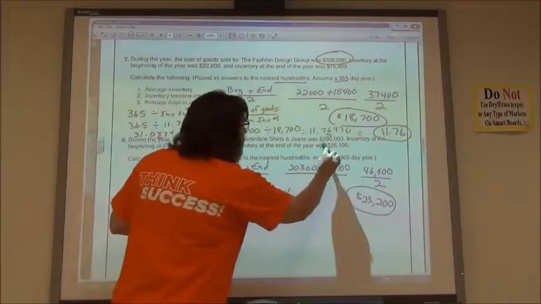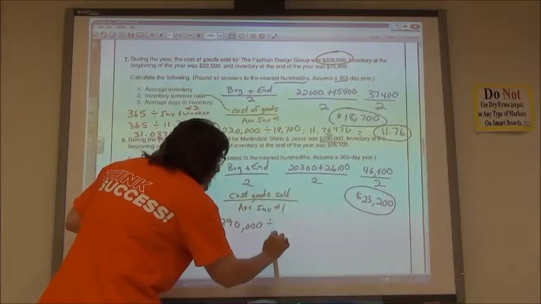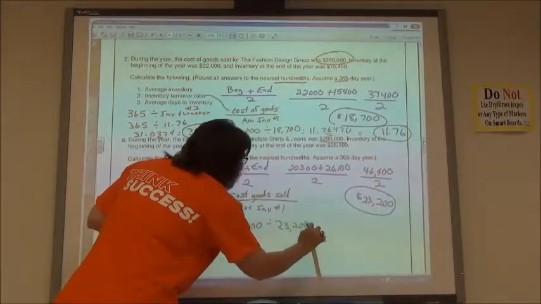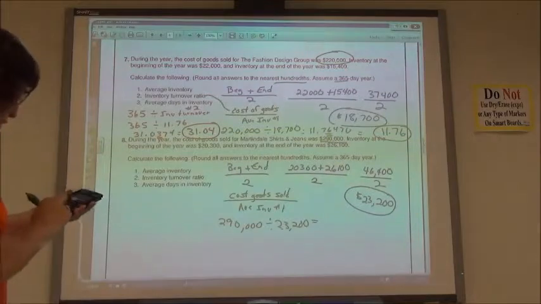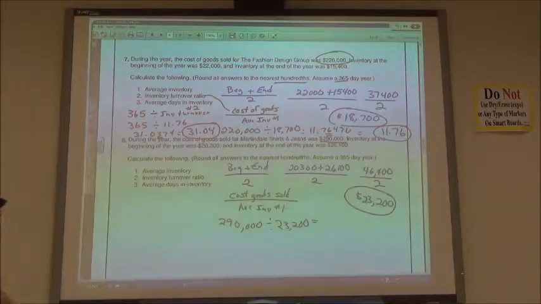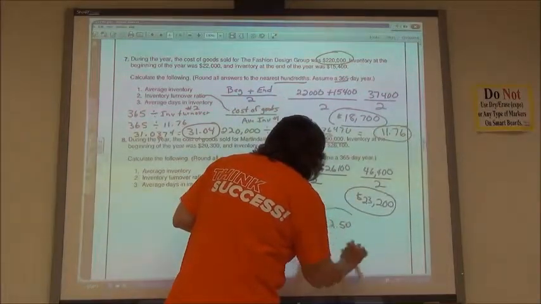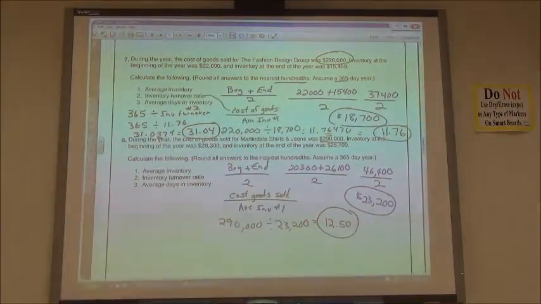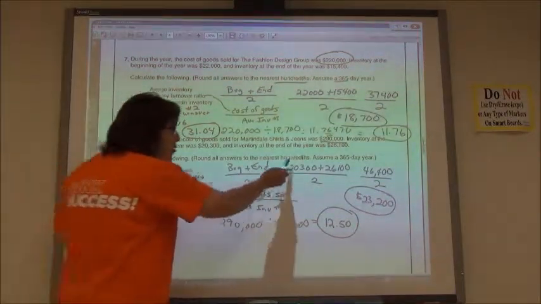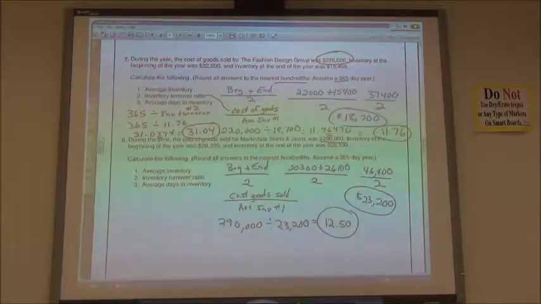So the cost of goods sold here, 290,000, divided by our 23,200 gives us 12.5. And again, it says round to the nearest hundredth, so you might see it as 12.50 instead of just 12.5. Since it says to the hundredth spot, we'll throw the 0 on the end.